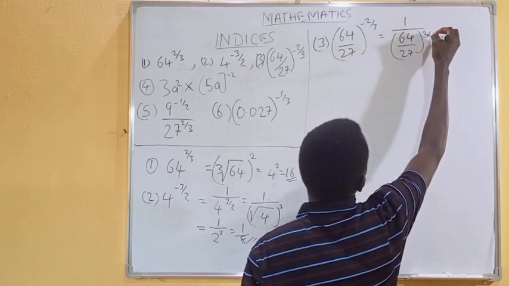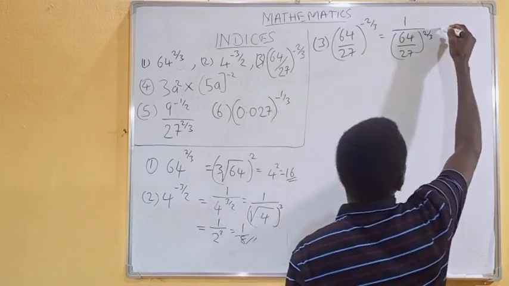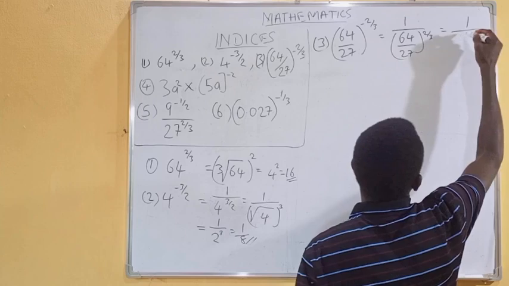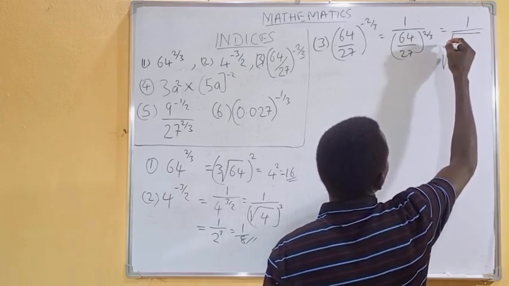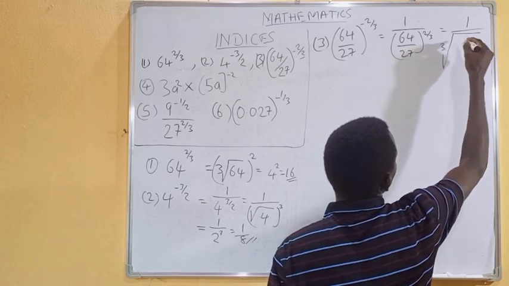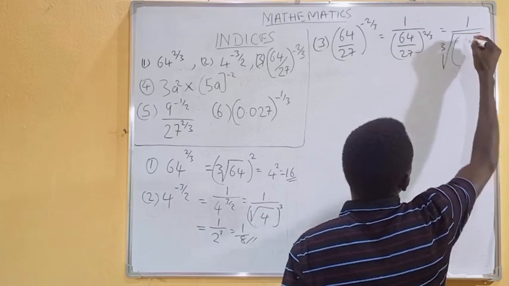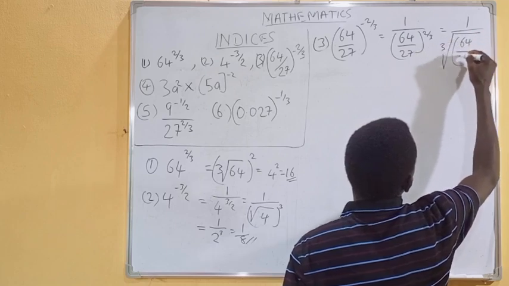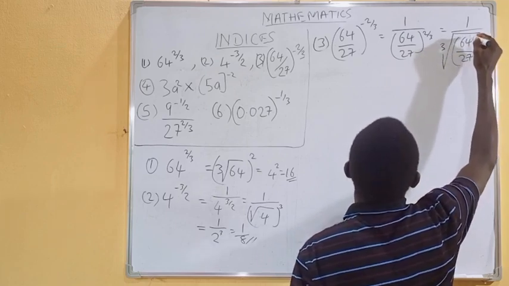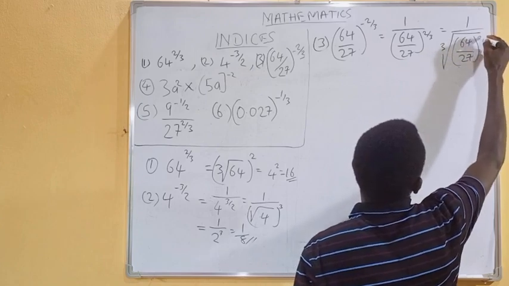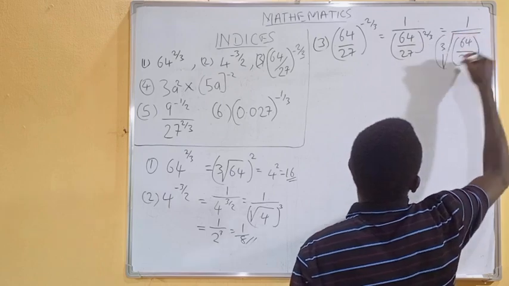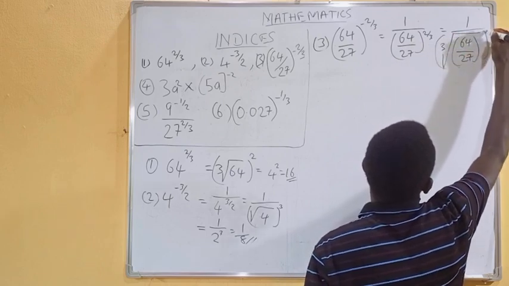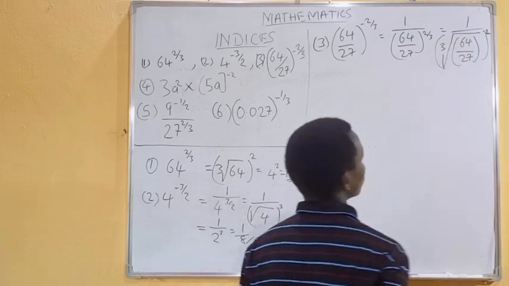which can be written as 1 over the root, which is the denominator, 3, of the bracket 64 over 27, all raised to the power 2.